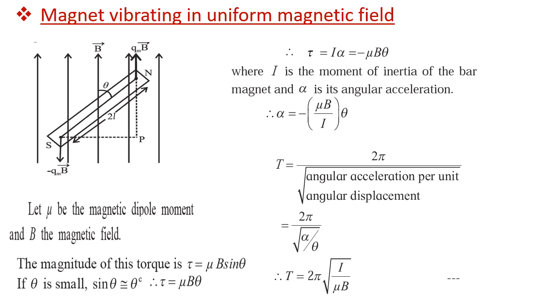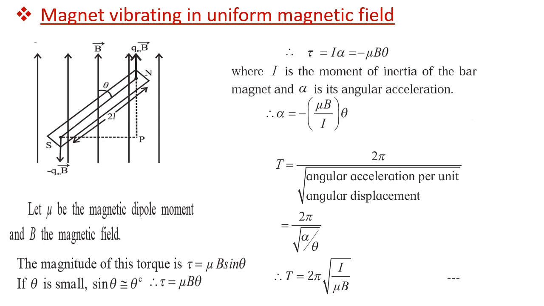Okay, so if you again look at the terms involved in the equation, mu is the magnetic dipole moment of the bar magnet, which is constant. Capital B is the magnetic field, which is uniform and not changing, which means it is constant. I is the moment of inertia, that is also constant.